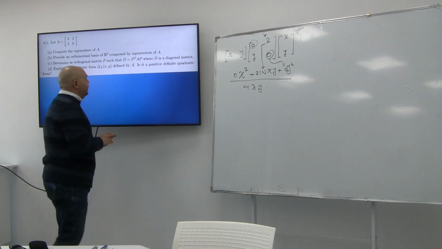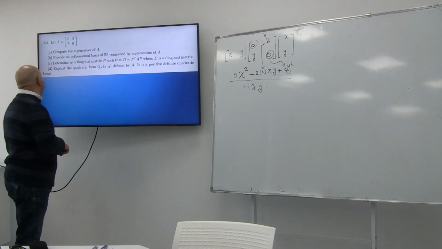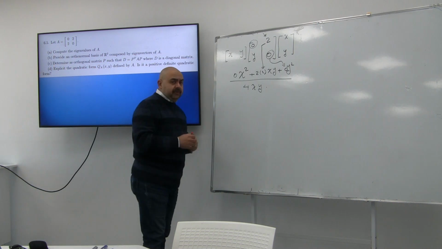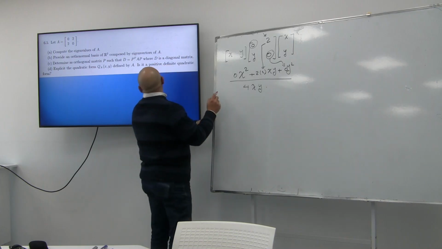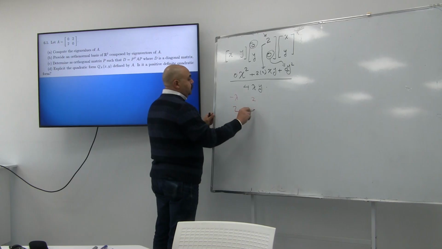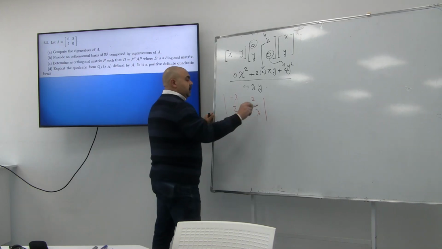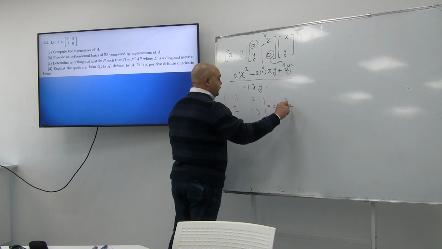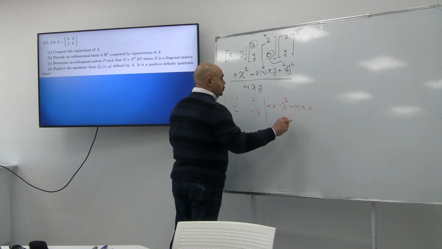Of course, it's not a positive definite quadratic form, because simply if you try to get the eigenvalues, you will have the following: minus lambda, 2 and 2, minus lambda equal to 0, which will lead to lambda squared minus 4 equal to 0.